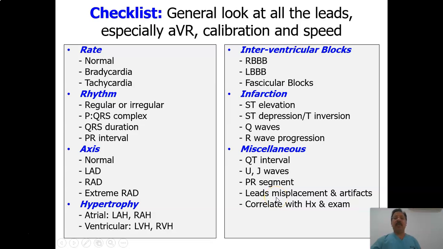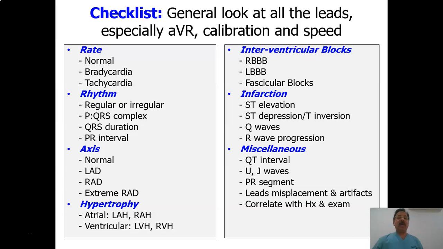And finally, it's very important to correlate your ECG findings with the history and physical examination. If you follow all these steps, then there are maximum chances you will reach some diagnosis at the end. But if you go haphazardly, you may miss some important findings.